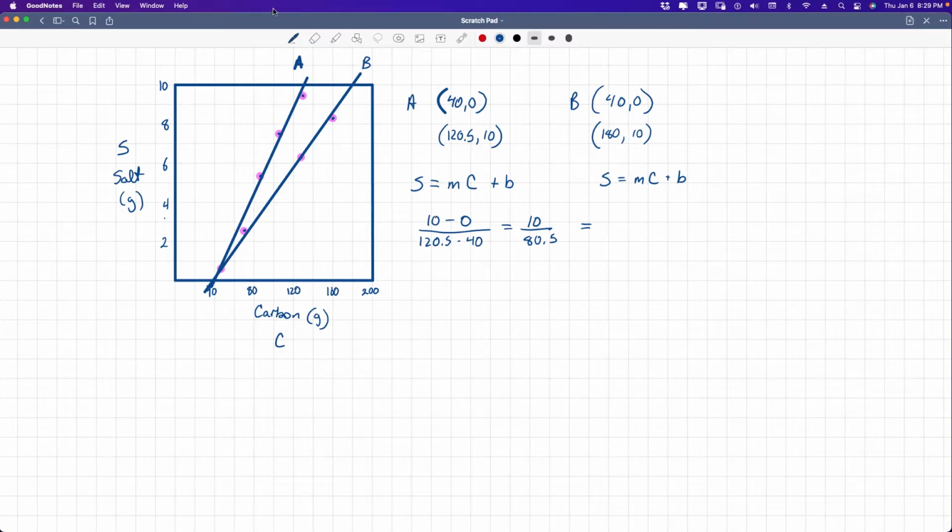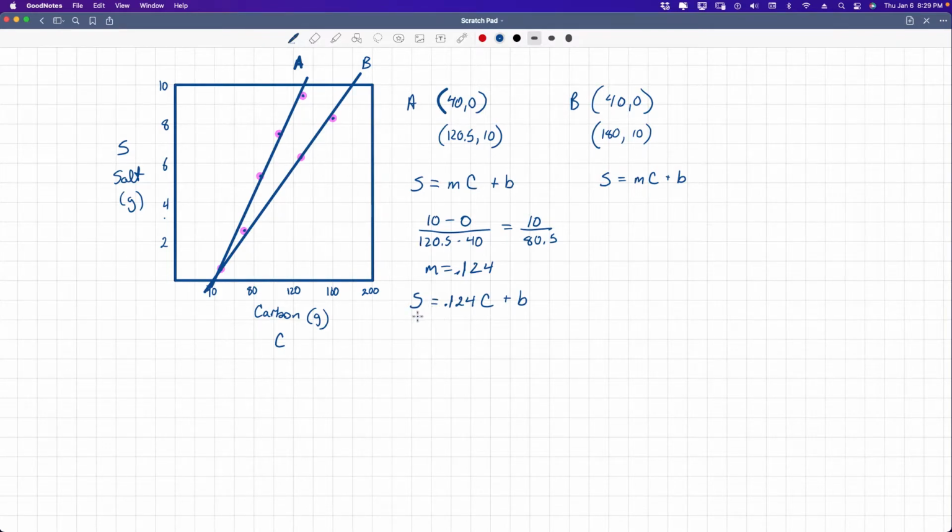So my slope, M, is equal to 0.124. All right, so we can do this. S is equal to 0.124 carbon plus B. Now I just sub in one of those points for S and C.